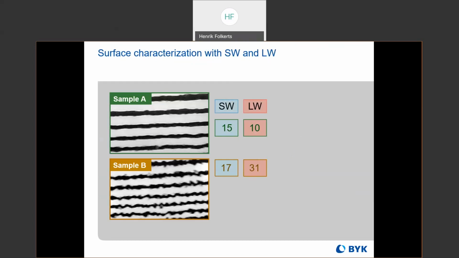We're not seeing very low DOI or low brilliance. The contrast here is pretty good. But then we look at sample B, and now the short wave is 17, so not too much different than sample A. But in this case, the long wave is 31, so it's a lot higher here. And so the waviness becomes much more apparent, and you're going to see a lot of that orange peel effect in the surface.